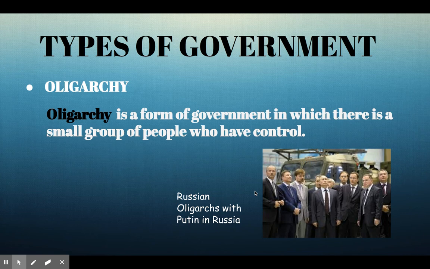They tell Putin what they want, and he gets it done. So when they talk about the Russian oligarchs, this is who they're talking about. All those incredibly wealthy businessmen in Russia who help Putin make decisions. That's an oligarchy. Yay, you learned something new.